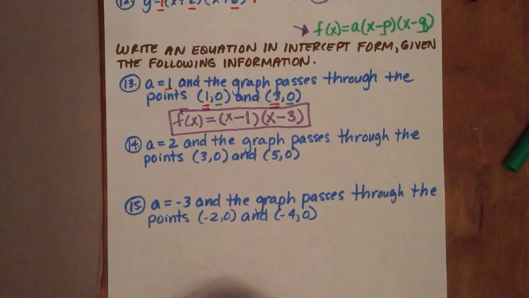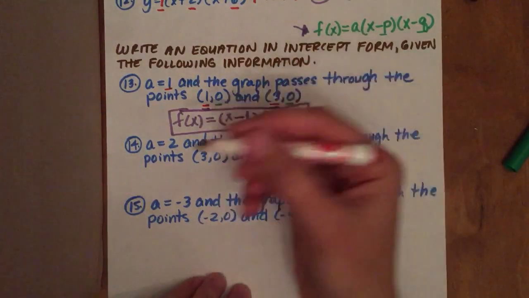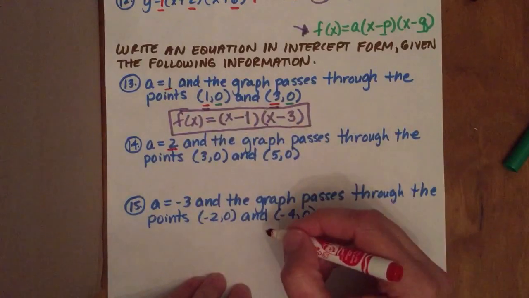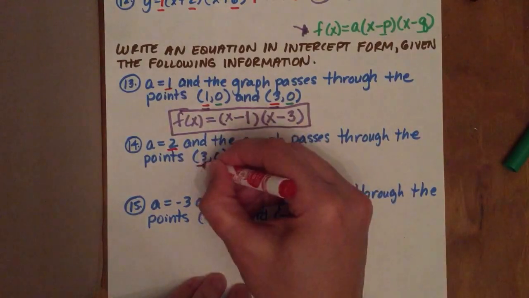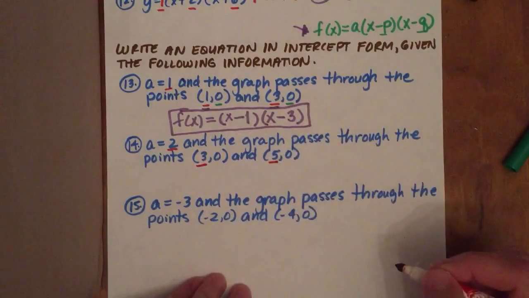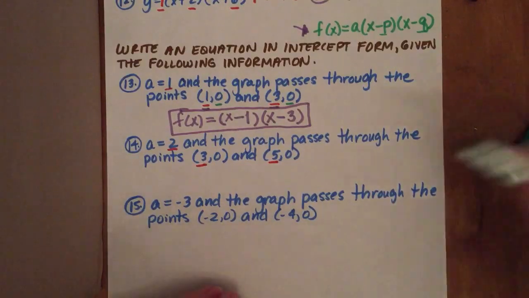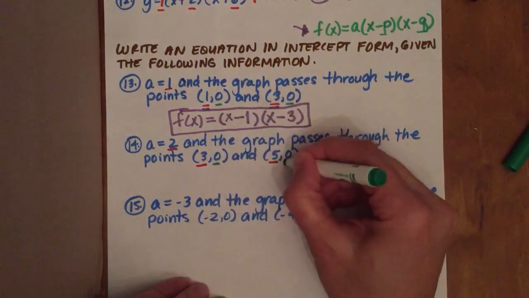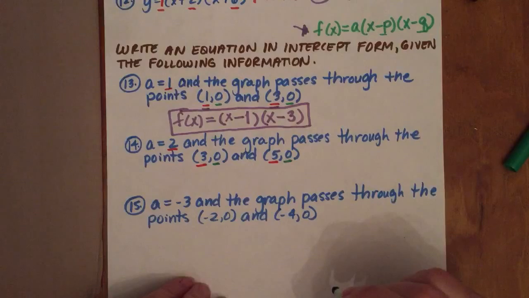So let's try 2 more examples. Number 14, we've got an a value of 2. We've got x-intercepts or roots of 3 and 5. And how do I know they're x-intercepts? Because the y coordinate is 0.